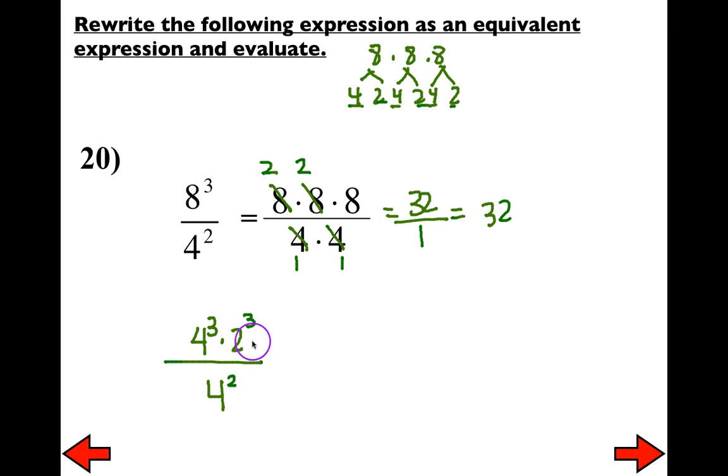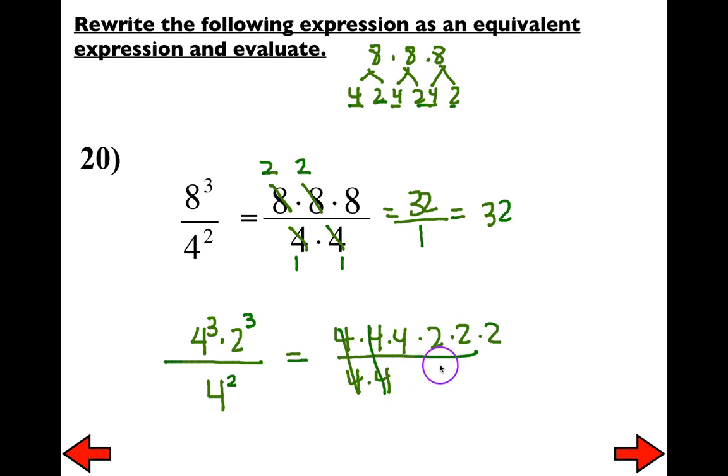So that's just another way. Because then I can say, okay, this is 4 times 4 times 4 times 2 times 2 times 2 over 4 times 4. Cross cancel, cross cancel. I'm left with 4 times 2 is 8. 8 times 4 is still 32. Okay, either or.